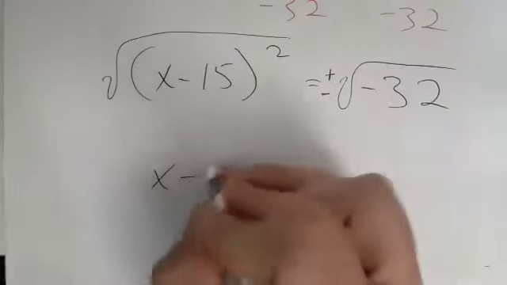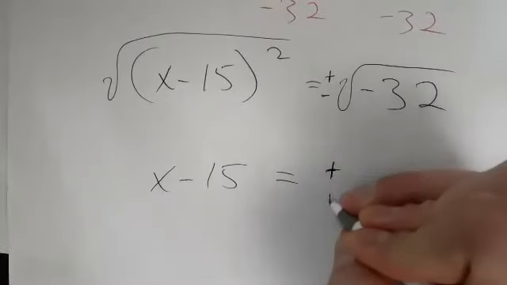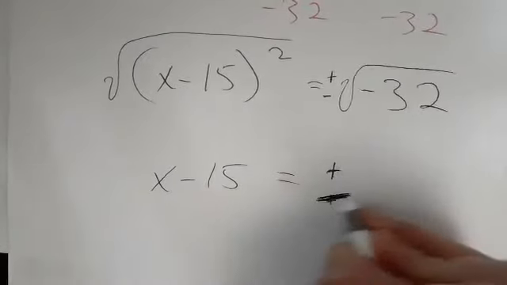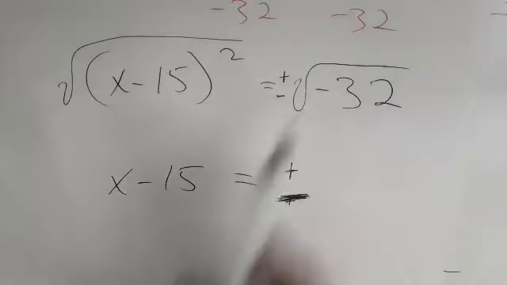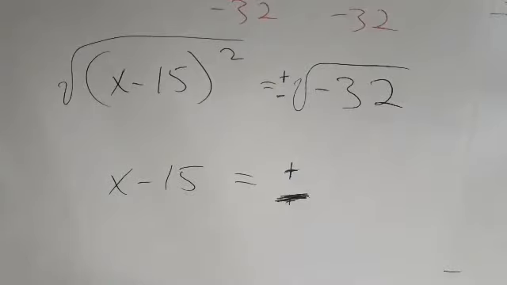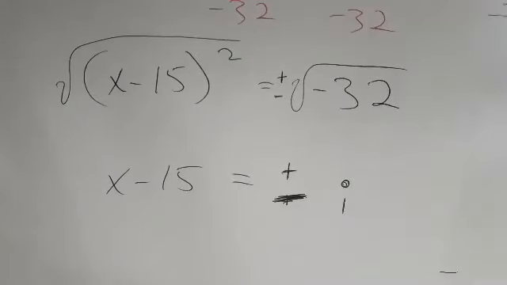All right, x minus 15 is this side now. We get rid of our square. We have a plus or minus square root of negative 32. So I now have a plus or minus here. What is the first thing I should take out of here? An i. I should take that i out. I got root 2. I'm sorry, wait. I got 2 square root of 2.